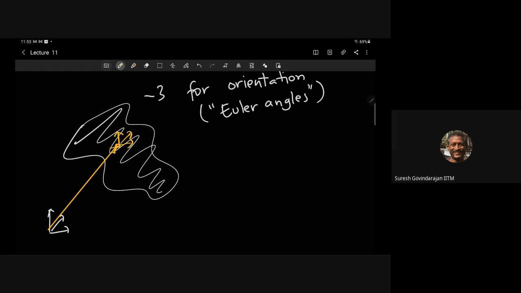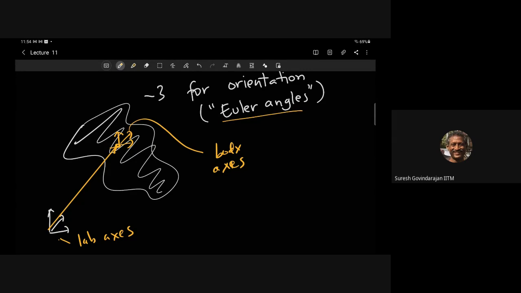This is the lab axis, and this is the body axis, and we ask how they can rotate with respect to each other. That is the orientation, which can be chosen in the form of Euler angles. In rigid body dynamics, this is what you do. We'll see this in this course.